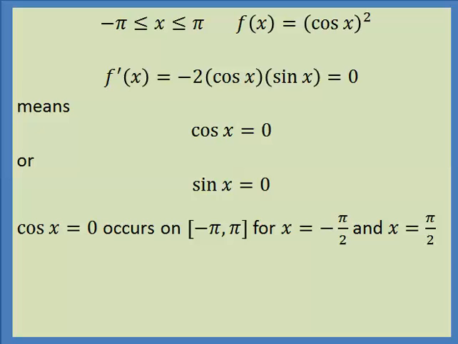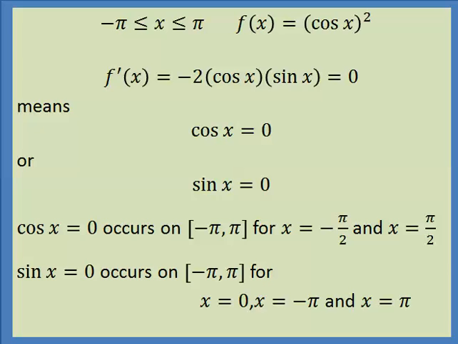Of course, there are an infinite number of points on which cosine x equals 0, but those are the only 2 points on the given interval. And sine x equals 0 on the interval for x equals 0, negative pi, and pi.